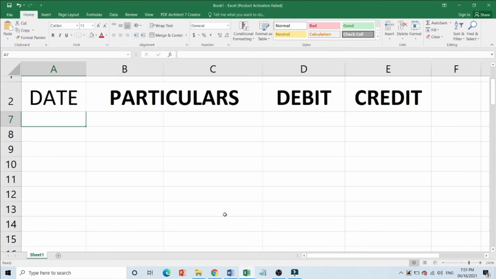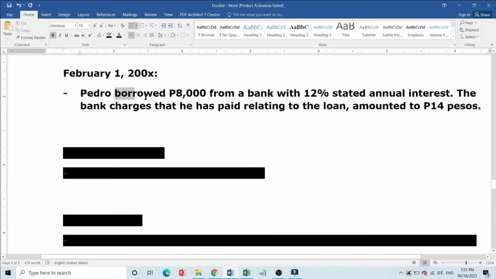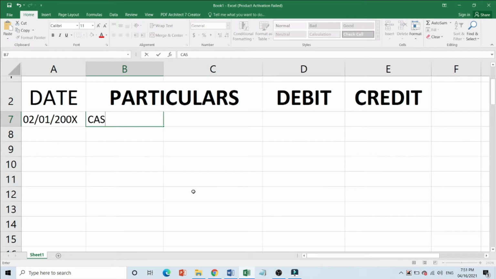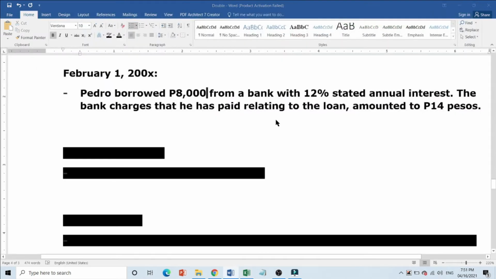So, let's put a date. That was February 1, 2000X. Then, since we borrowed from the bank and we received cash out of this transaction, we will debit cash amounting to how much? 8,000 pesos.